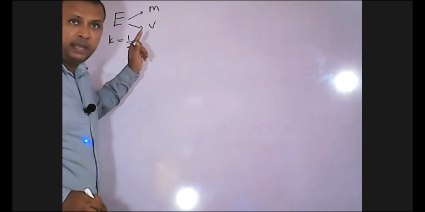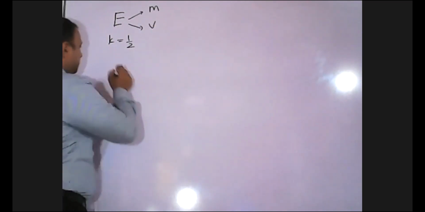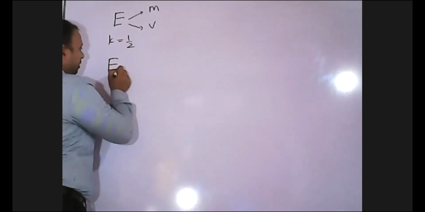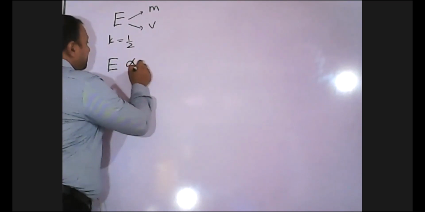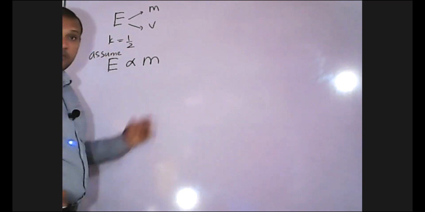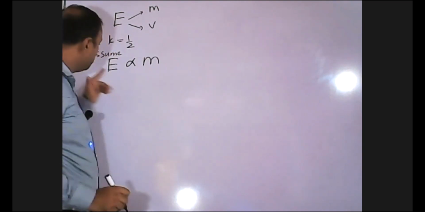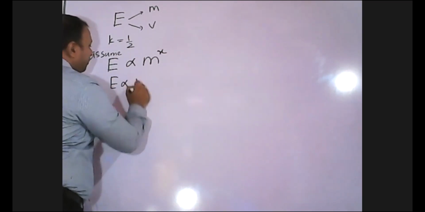According to this given data, E is proportional to some power of M and V. So my first step is writing that relationship. First step is E directly proportional to, I assume. My first step is assumption. Assume E is directly proportional to some power of M and E is directly proportional to some power of V.